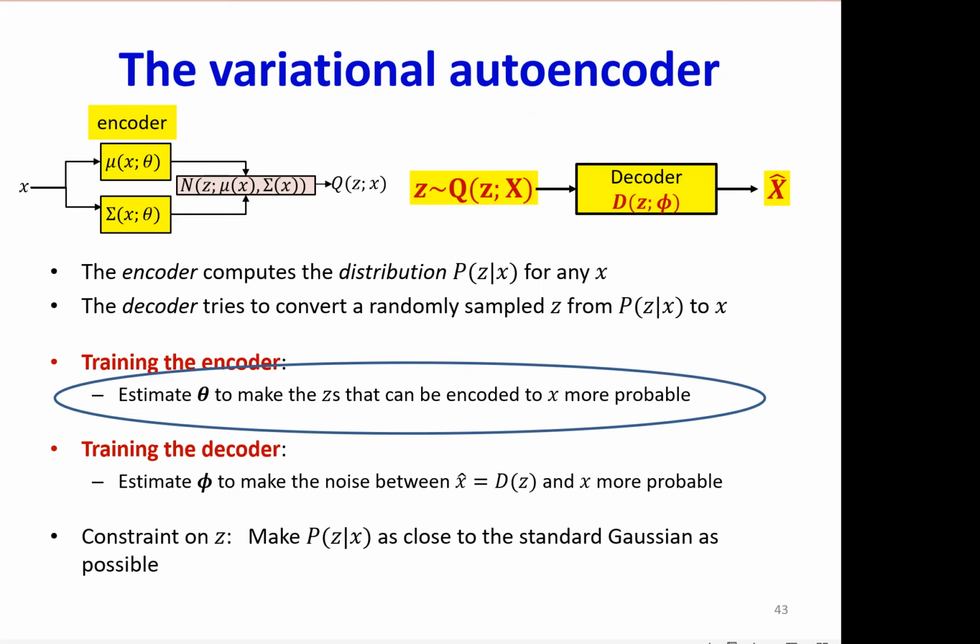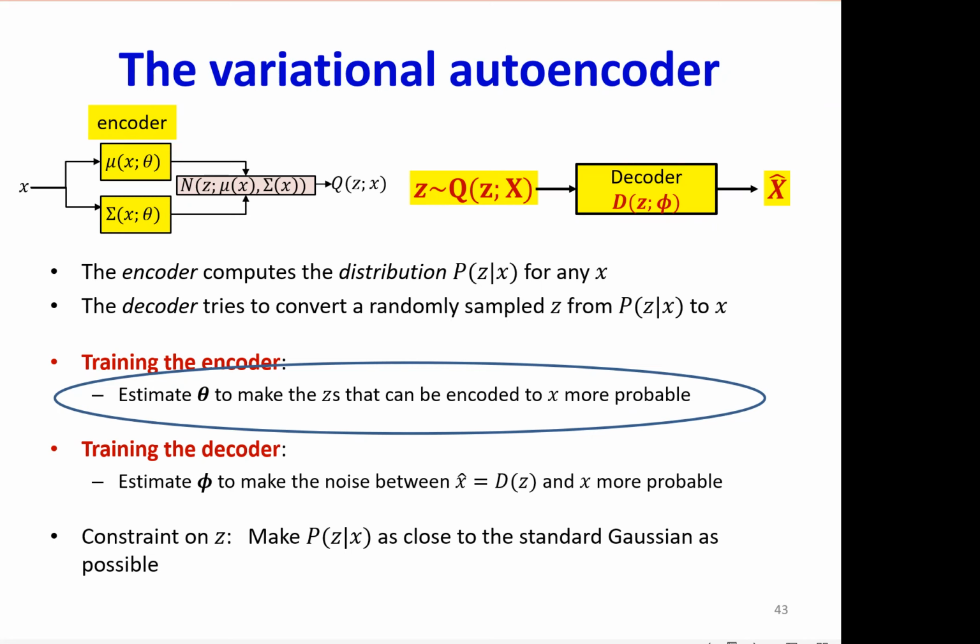Then we want to localize the z's, remember? So we're going to update these parameters such that Q of z given x focuses towards the most probable values of z.